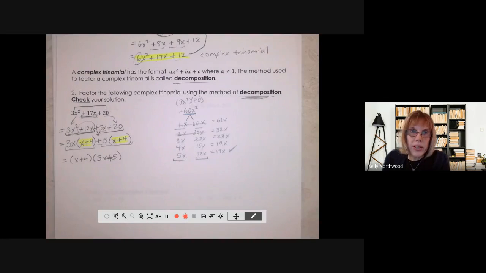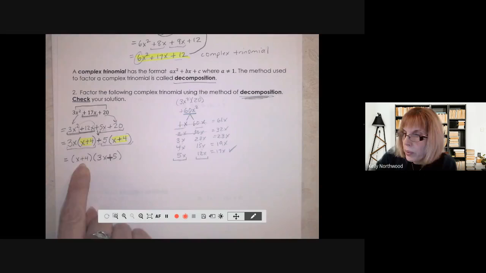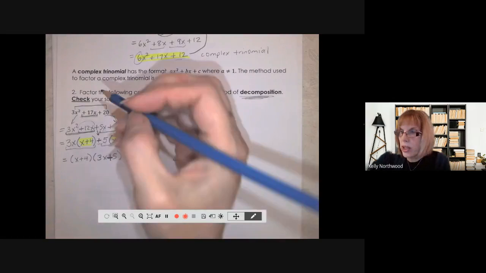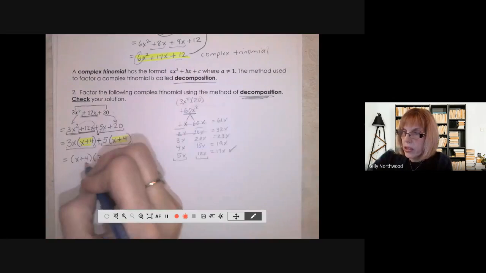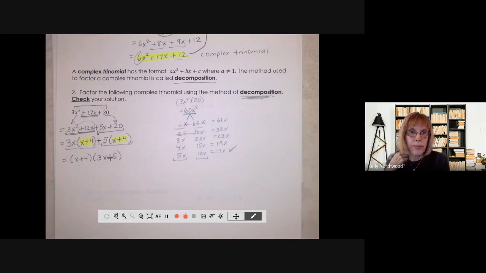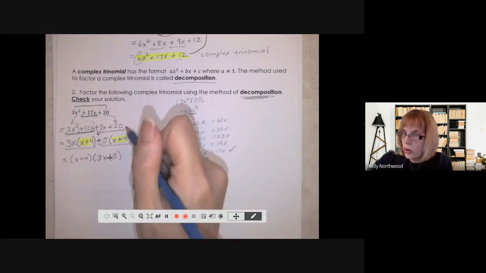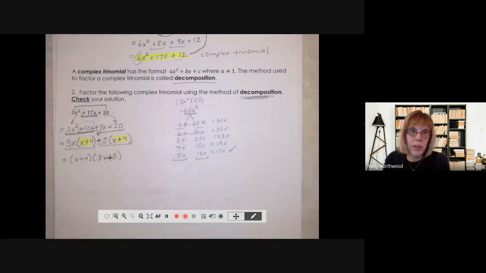So now it's factored. One binomial multiplying another binomial. So I've changed something that was just adding into a product. And decomposition always takes the 3 steps that you show with equal signs. A couple people forgot their equal signs yesterday, so be aware of that.